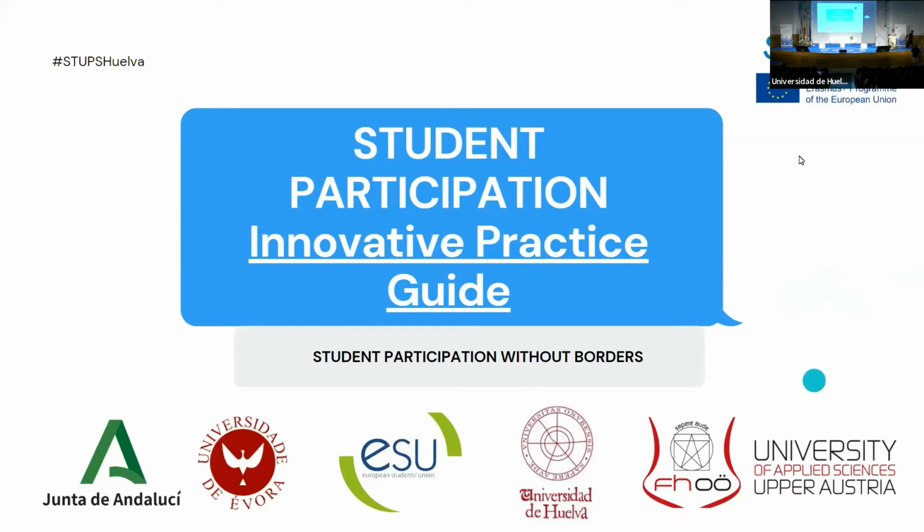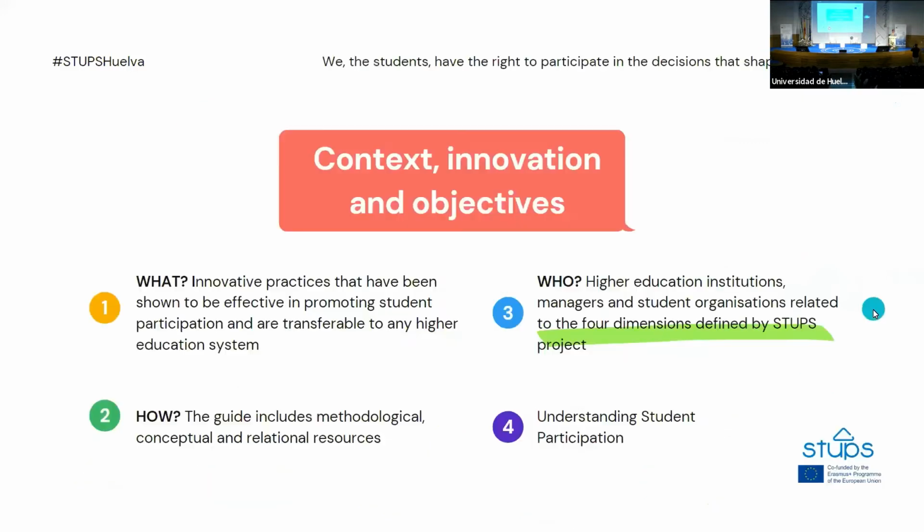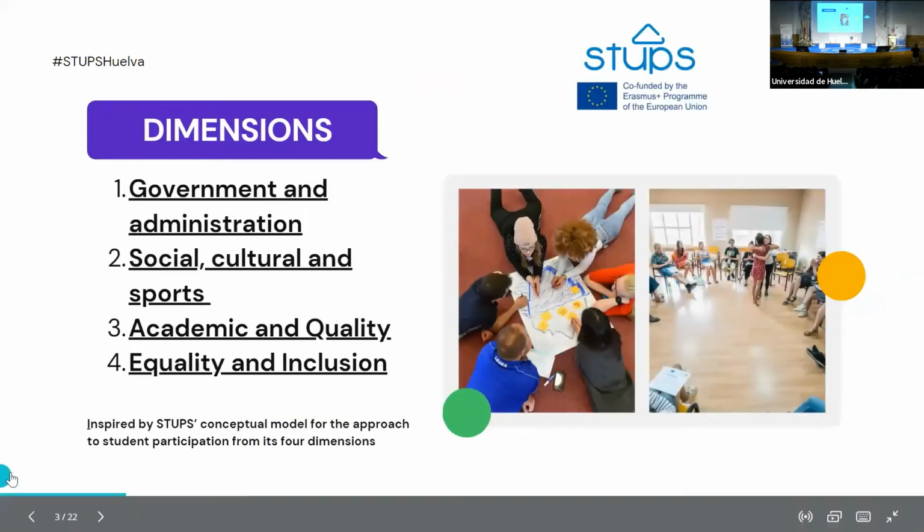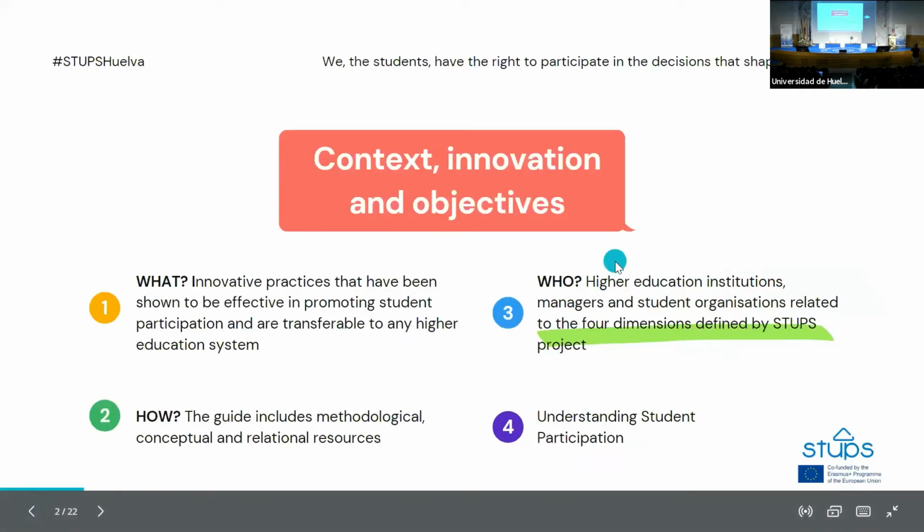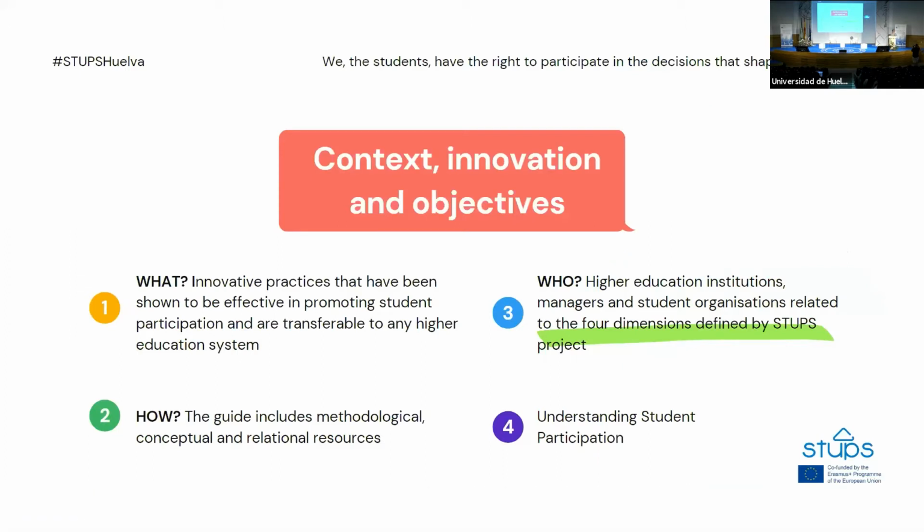So just to give you a bit of context, a quick information on what this innovative practice guide is. Basically, it's a guide that we have created with good and best practices that we have been gathering among the partners of the project.